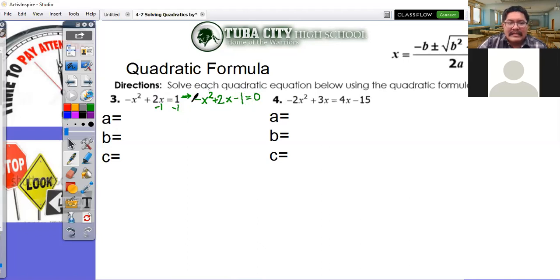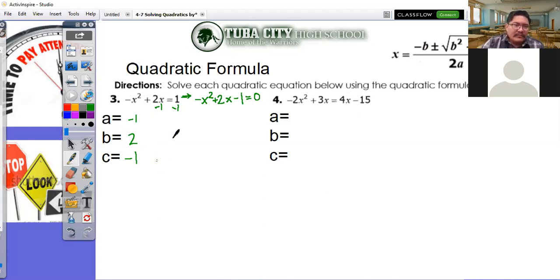So now it is in the right form. So now this is the one that I'm going to have to use in order to get this, okay? So A is -1, B is 2, and C looks like it is also -1.